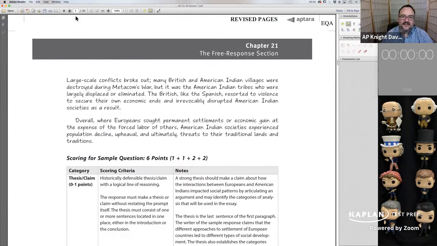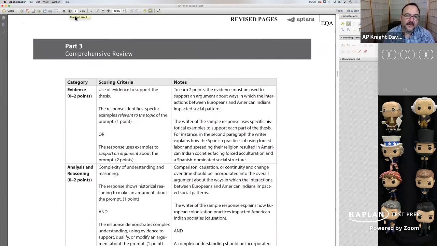And the nice thing is, it's not like the person is using anti-disestablishmentarianism and all these big words. That's not happening. It's just written well and organized, and that's what they're looking for. Plus, the book also has the rubric for how it gets graded, so you can check that out.